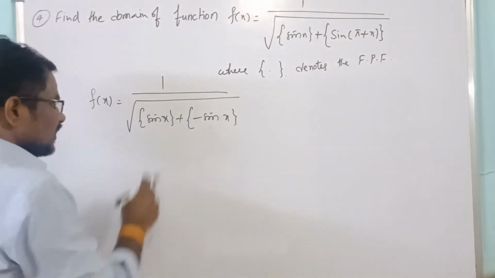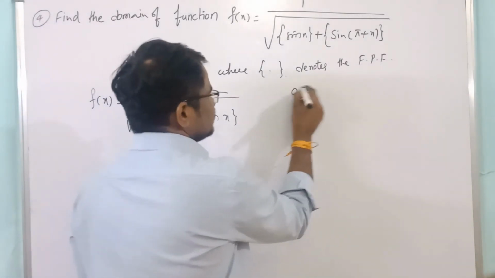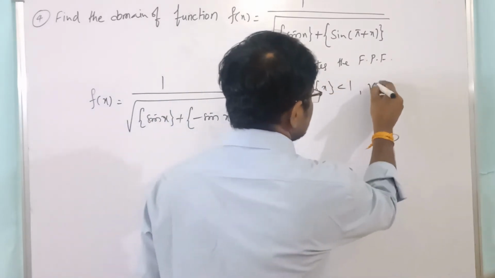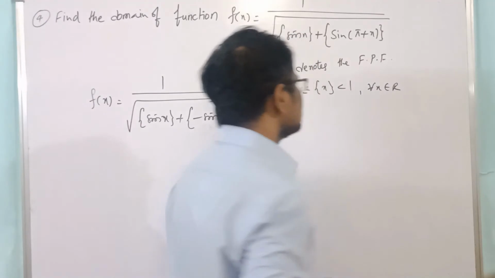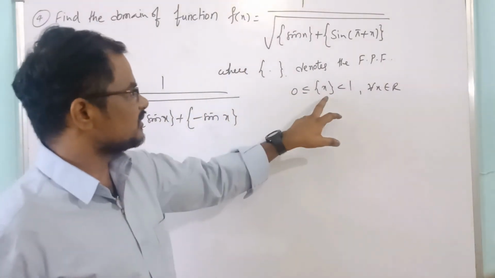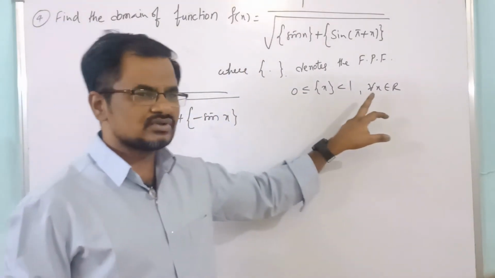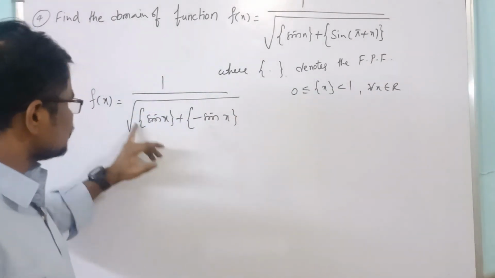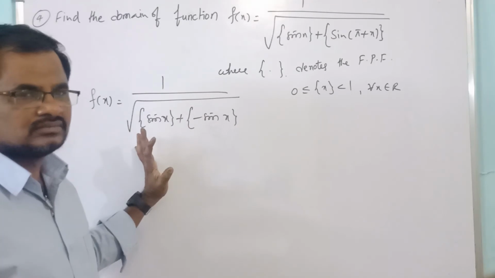Now we know that 0 is less than or equal to fractional part of x less than 1 for all x belonging to real numbers. What is the range of fractional part of x? Closed interval 0 to open interval 1, so clearly here there is no chance to get a negative value.